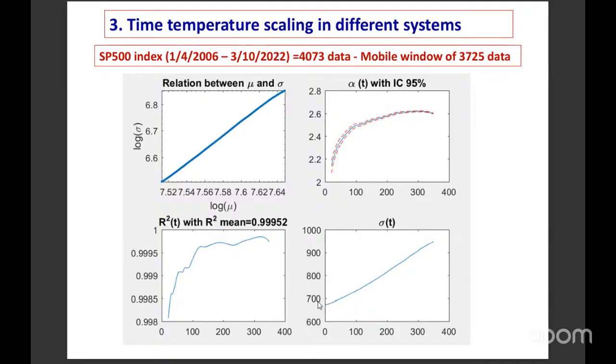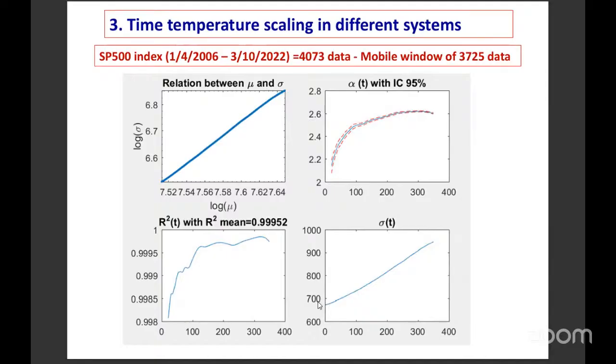This is the calculation over time, running with a mobile window of 3,725 data points, in the case of 44,073 data in total.